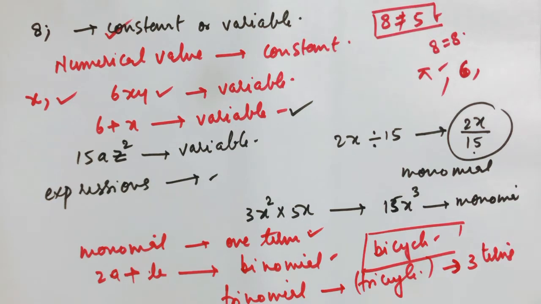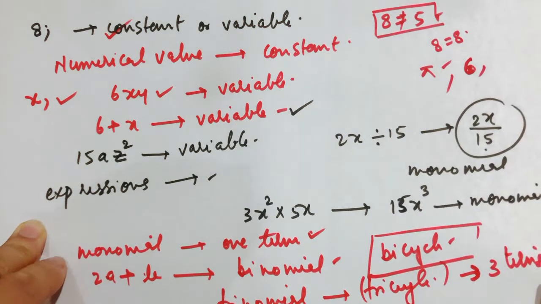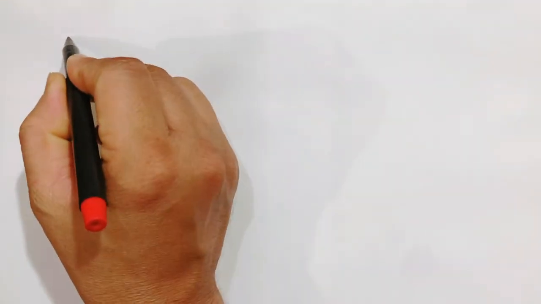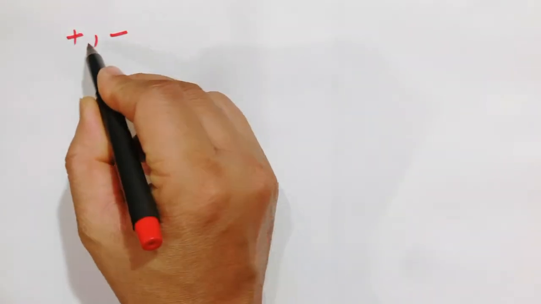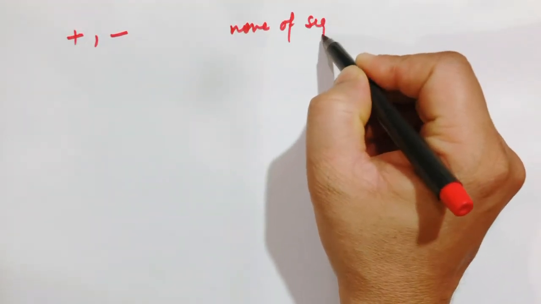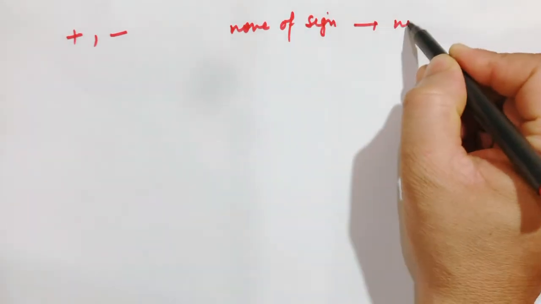Now, what governs the number of terms in an expression? What governs it is the positive and negative sign. So if you have none of the signs, then it is a monomial.